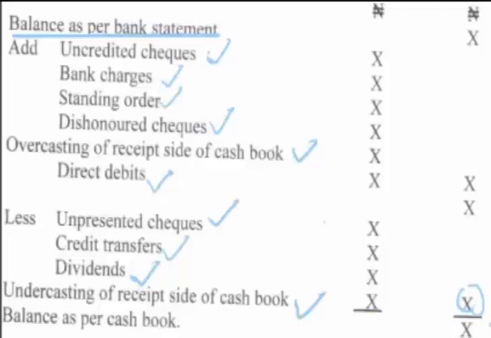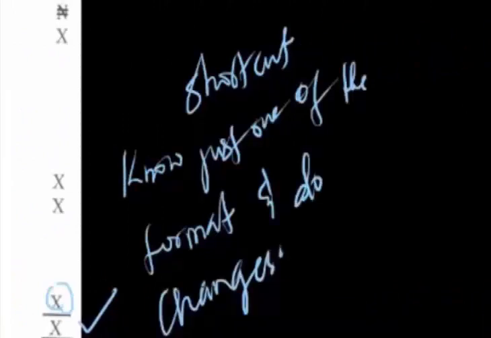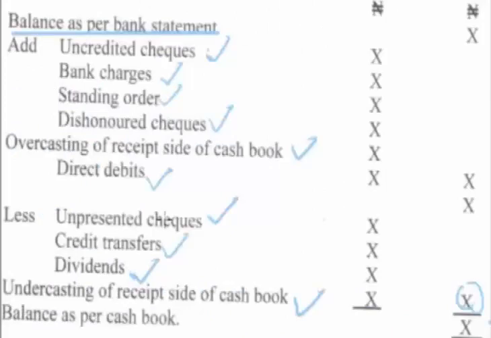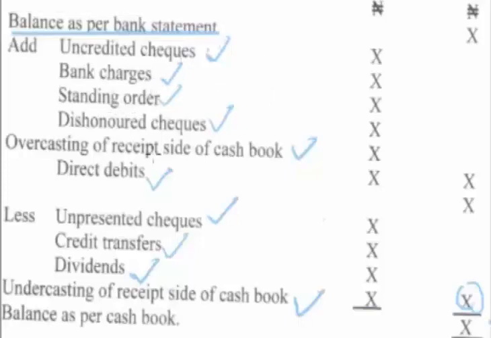The shortcut is for you to know one of the formats and then do changes. If this was in an exam condition, if I was asked to prepare a bank reconciliation statement using method A, and let's say I started with preparing my balance as per bank statement, I was able to get my own credited checks, bank charges, standing order, dishonored checks, overcasting of the receipt side of the cash book, direct debits, etc. And I was able to less my own presented checks, credit transfers, dividends, undercasting of the receipt side of the cash book, and I was able to get my balance as per cash book.